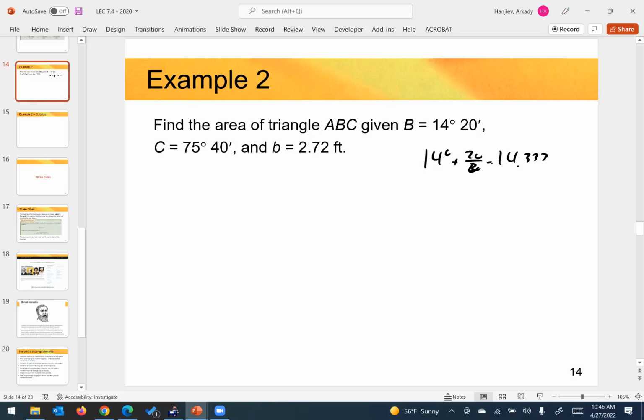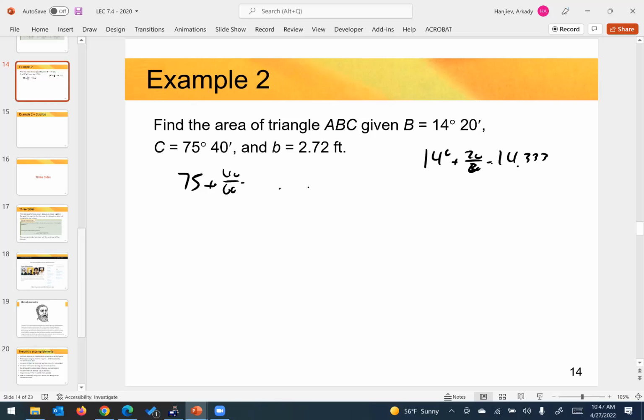If you start rounding off, you're going to get in trouble because this is 75 plus 40 over 60, and this becomes 75.666 repeating. So you don't want to do the repeating stuff as much as you want to make sure you're still adding things together as minutes and degrees.